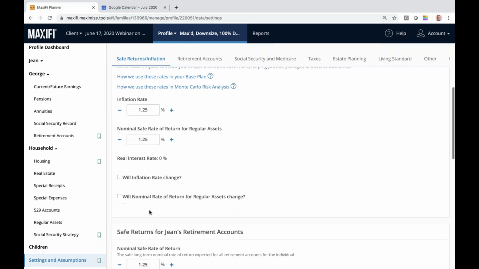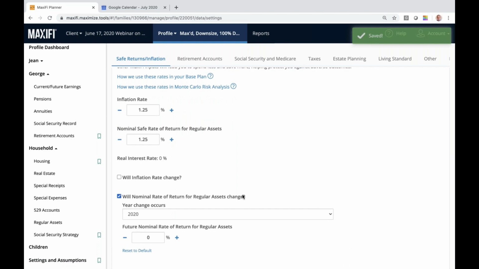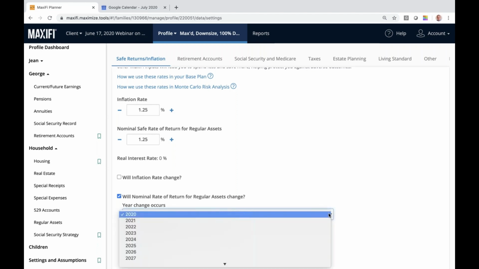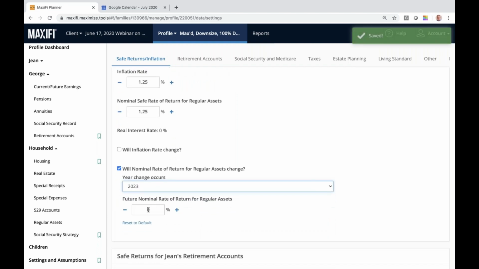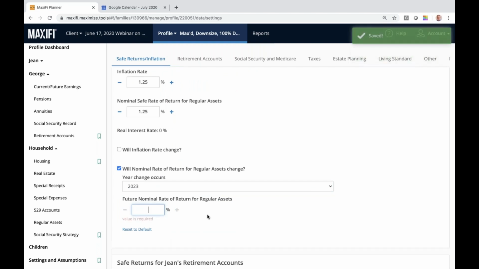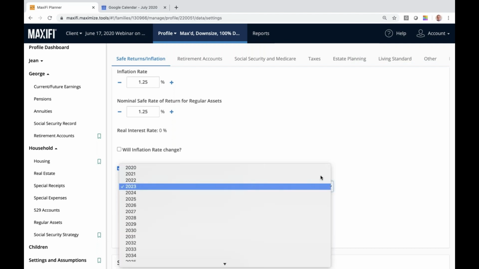You can also tell the program that, hey, we think the interest rate is going to be 1.25% for a couple of years, and then, starting in 2023, it's going to go up to 3%. So you can have it change through time if you want. This is where you enter that information.